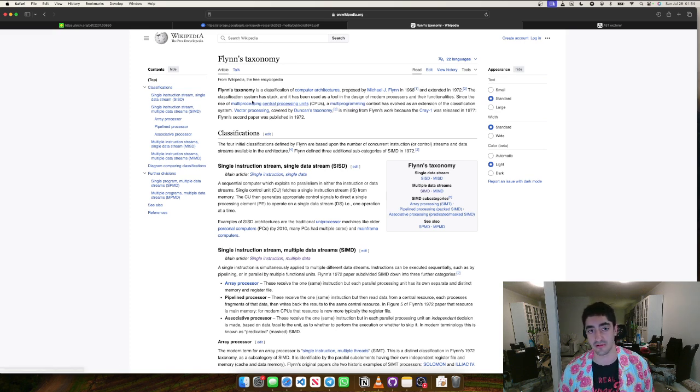their functionality. Since the rise of multiprocessing central processing units, a multi-programming context has evolved as an extension of the classification system. Vector processing, covered by Duncan's taxonomy, is missing from Flynn's work because the Cray-1 was released in 1977.